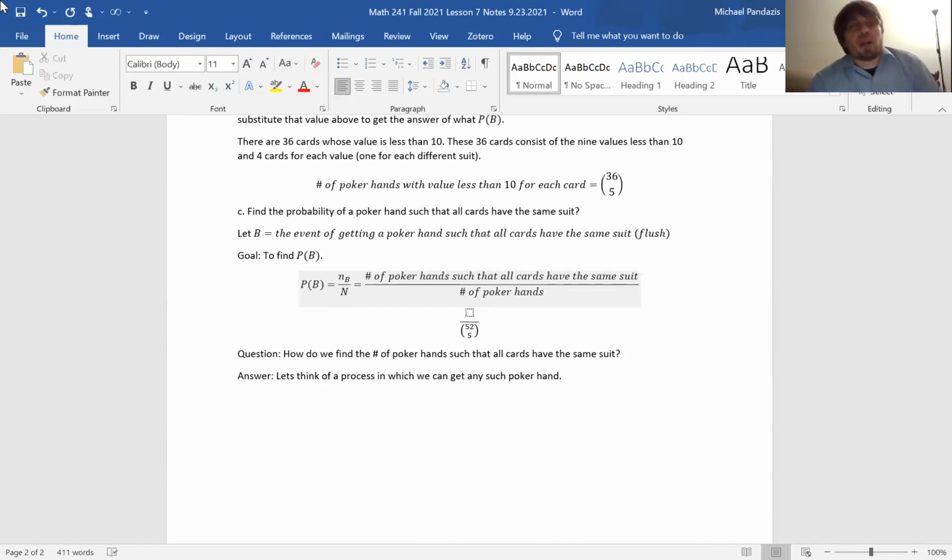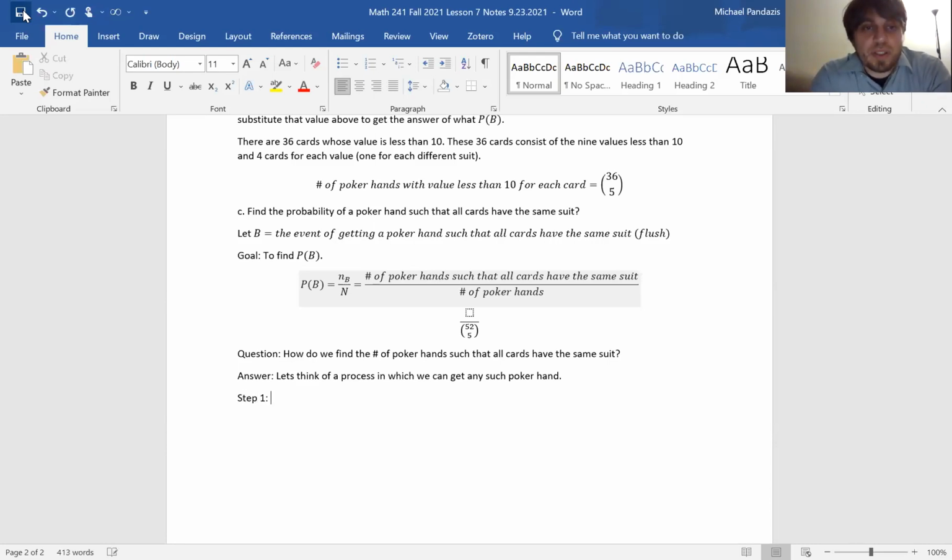The poker hand you want is 5 cards that are all the same suit, meaning all 5 are hearts, or all 5 are clubs, or all 5 are spades, or all 5 are diamonds. So you want one of those things to happen.